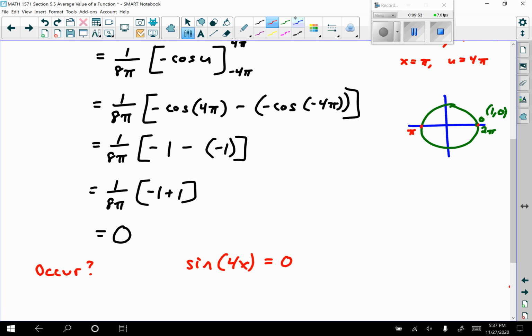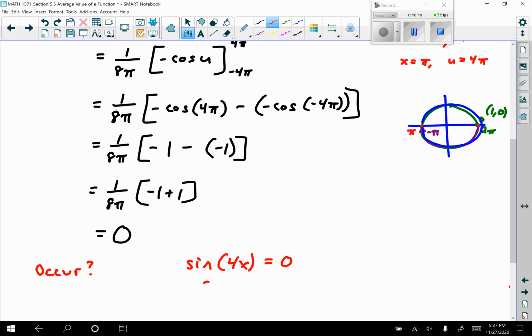So if we're looking at negative pi, we would go around in a clockwise rotation. This will give us negative pi. If we started there and went back around, this is really the rotation we're starting at. It's at the same location, and we're going to go around this way. So this is really saying negative pi to pi.